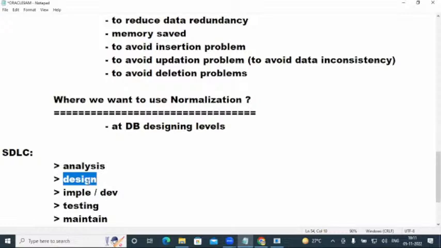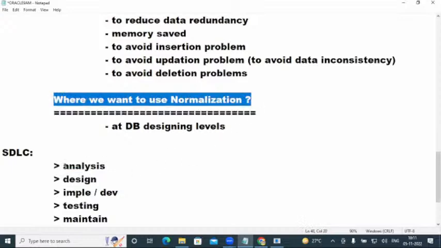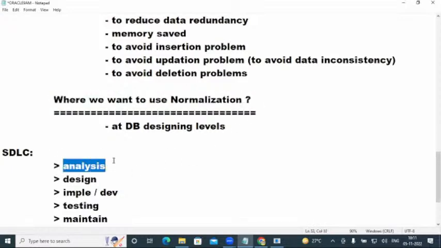Same as in the database projects. Database analysis is over. They will make a final documentation of the database project, and later they will start the design. In this designing level, database architects, people working in a company in the architect position, will design your database first.